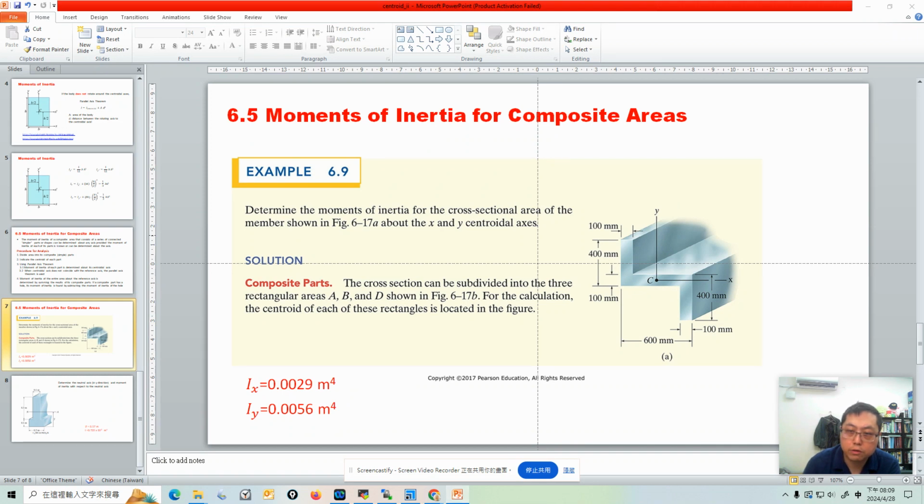Let's write some formulas for the moment of inertia.